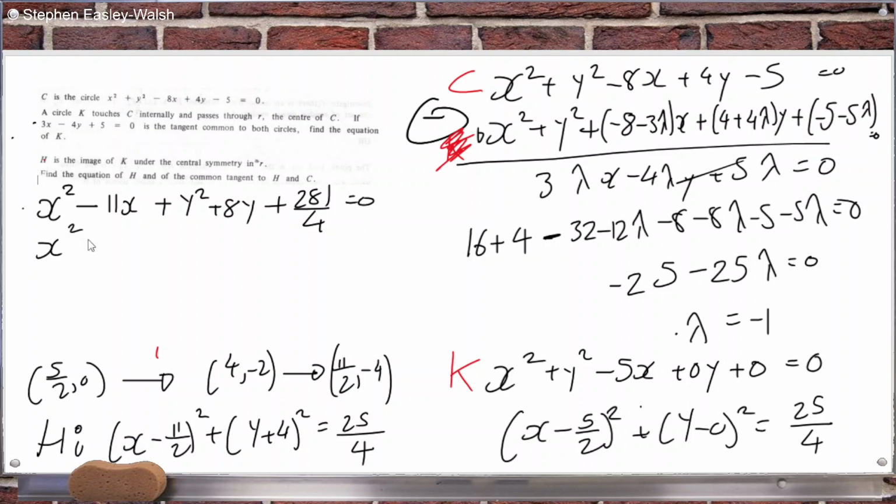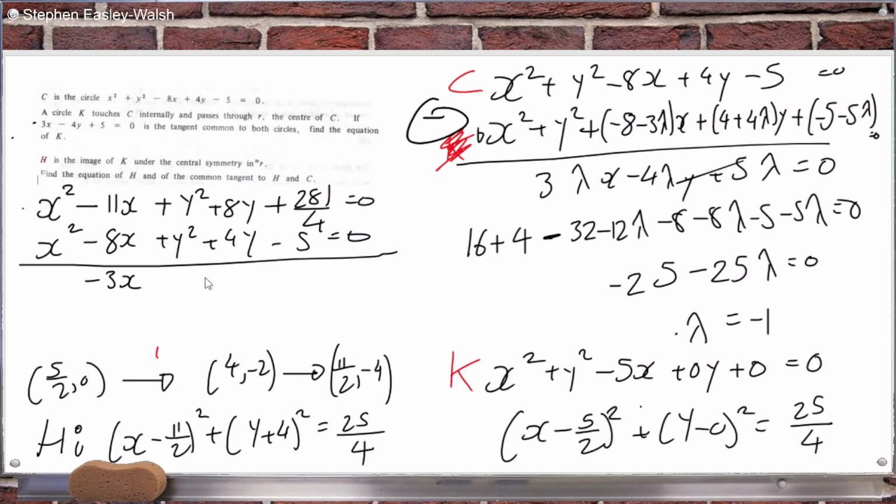And then x², I wrote it the wrong way around, so I'll have to rearrange this a bit: x² - 8x + y² + 4y - 5 = 0. And subtracting here, minus 11 minus minus 8 is -3x. They cancel, plus 4y, and then that's plus 301/4 equals 0.